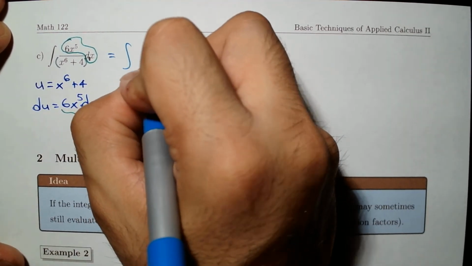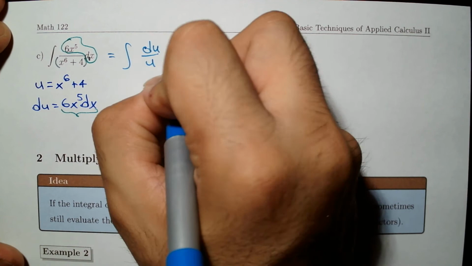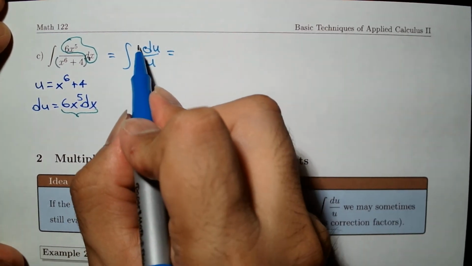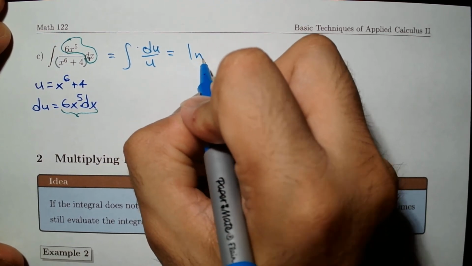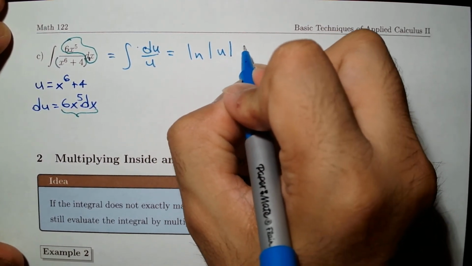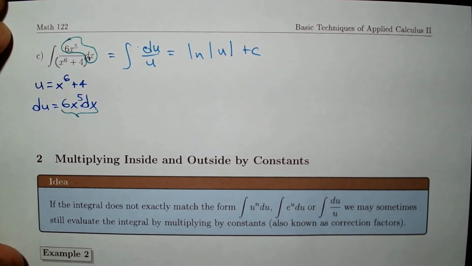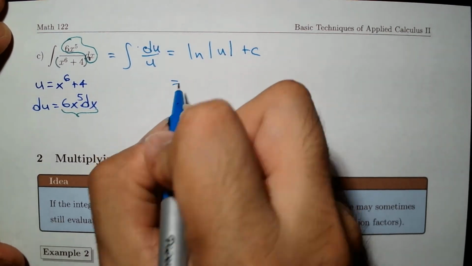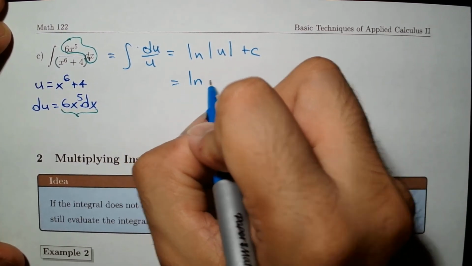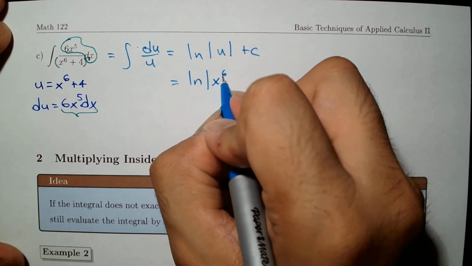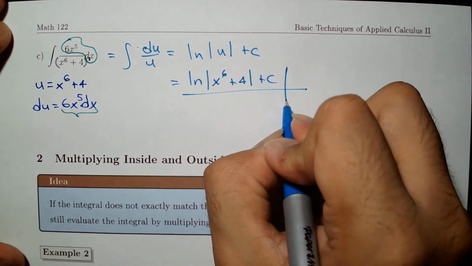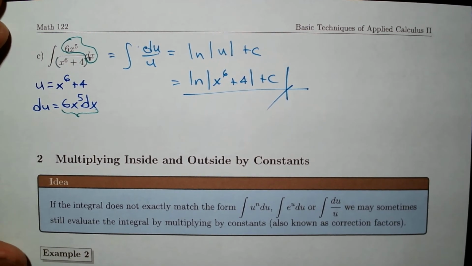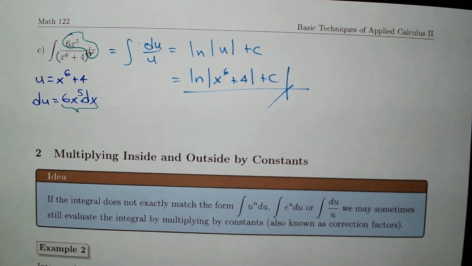So we get the integral of du over u, essentially 1 over u. The integral of 1 over u is ln of absolute value of u plus c. We are essentially done with the calculus again. All we do is back substitute: ln of x to the 6th power plus 4 plus c. Final answer.